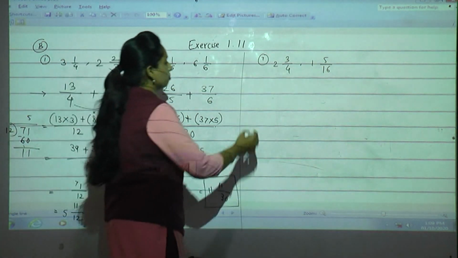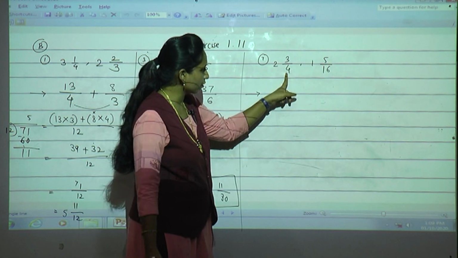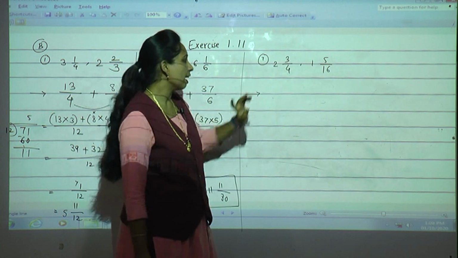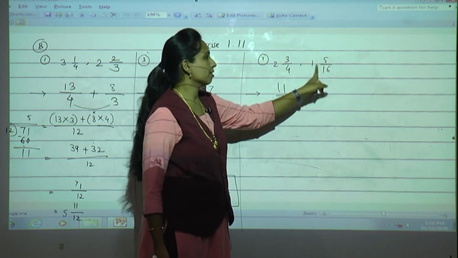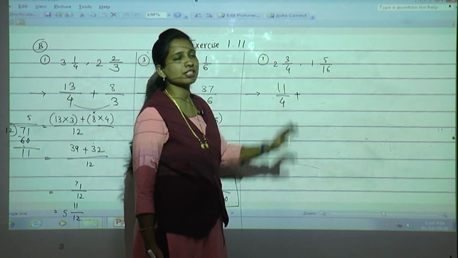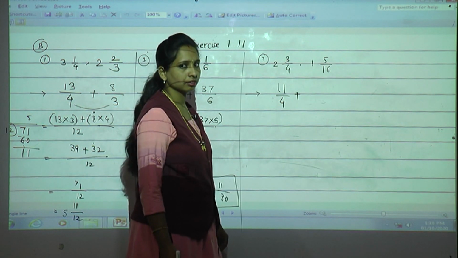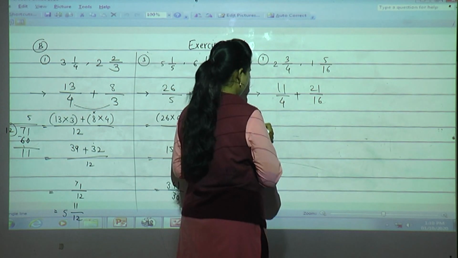Yeah, so mixed fractions are there. We need to convert into improper fractions. 2 4s are 8, 8 plus 3, 11. 11 upon 4, plus 16 ones are 16, 16 plus 5, 21 upon 16.